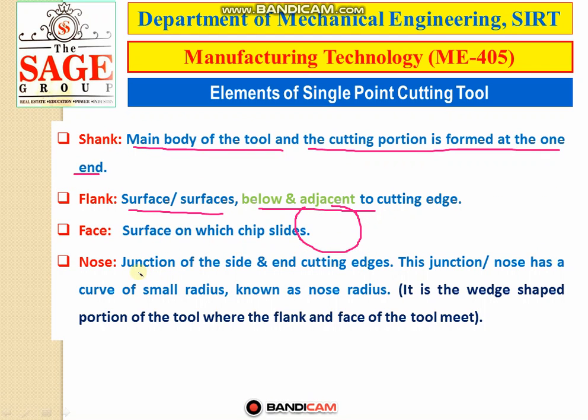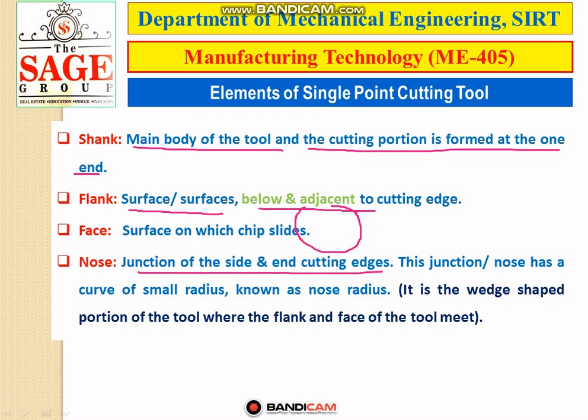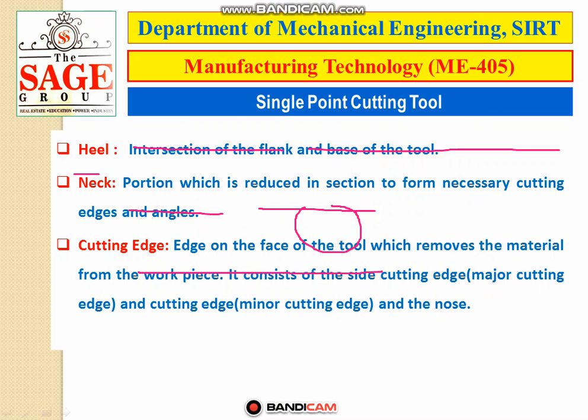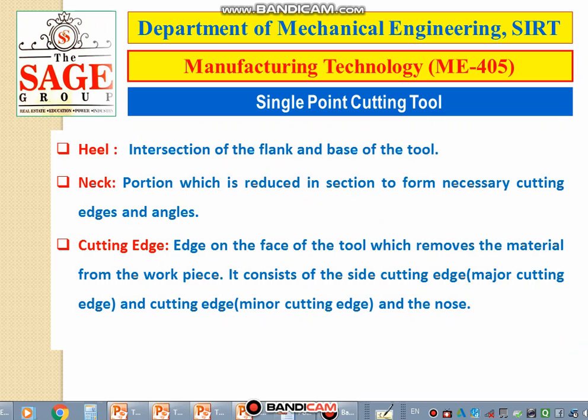Nose is the junction of the side and end cutting edge. Already we have discussed how the nose is defined. Then what is the heel? The heel is the intersection of the flank and the base of the tool. Edge is the portion which is reduced in section to form the necessary cutting edges and angles.